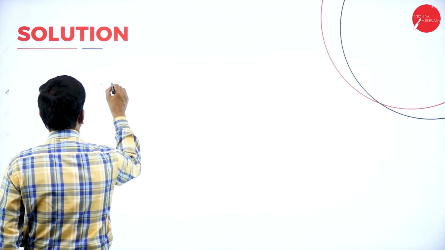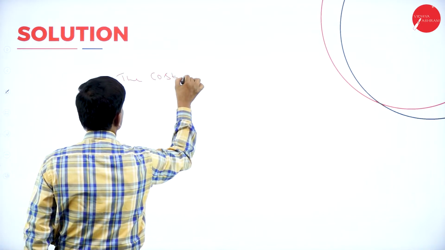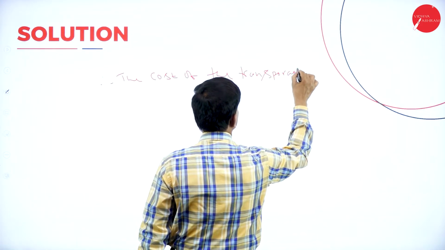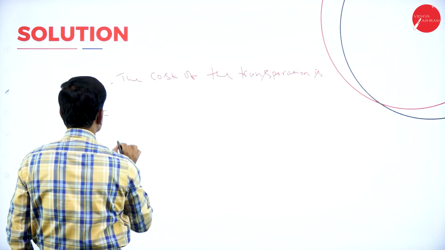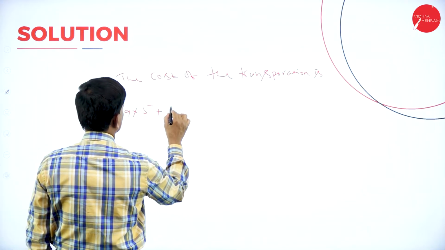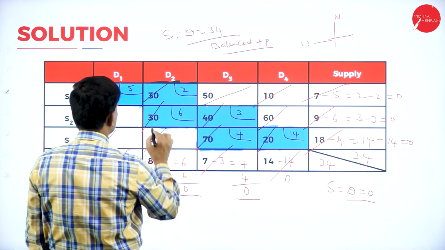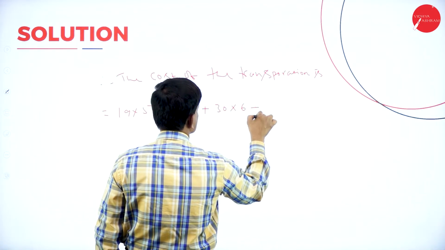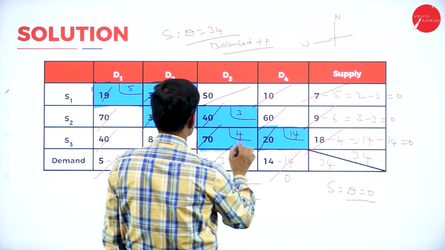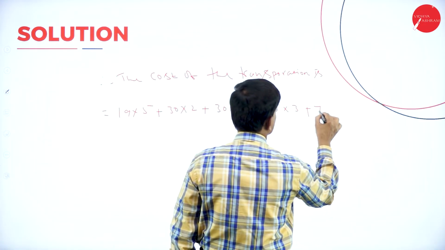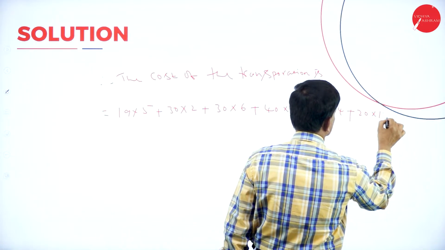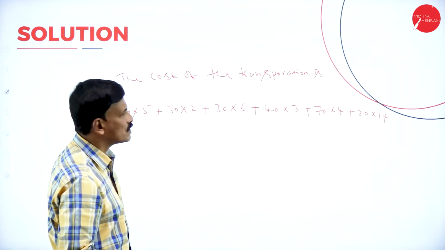Now, therefore, the cost of the transportation is equal to, just multiply this, 19 into 5 plus 30 into 2 plus again 30 into 6 plus 40 into 3 plus 70 into 4 plus 20 into 14. The sum will give the cost of the transportation.